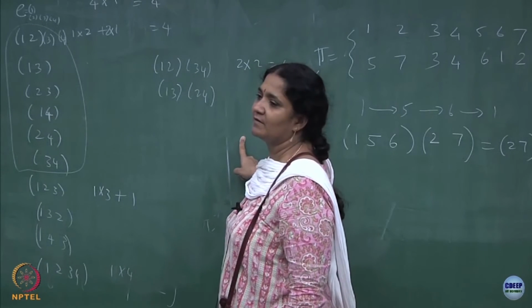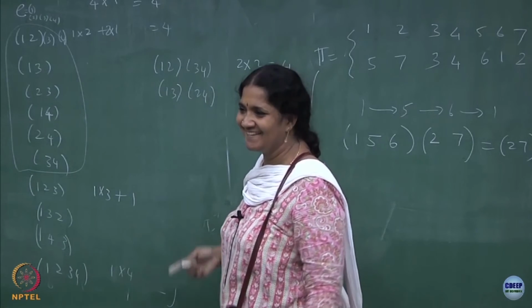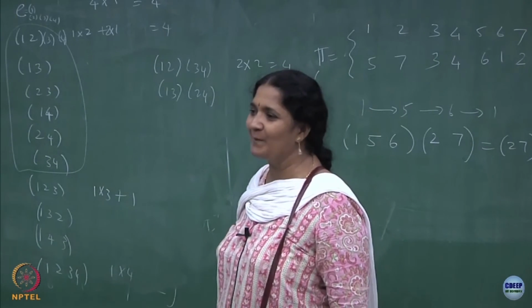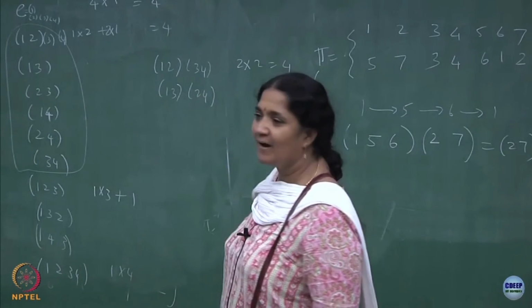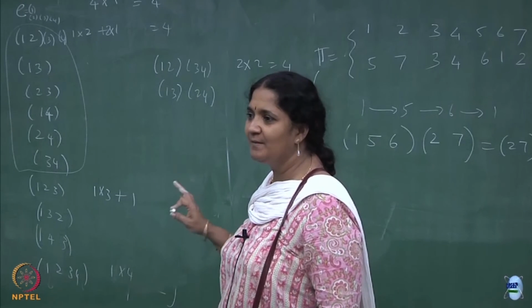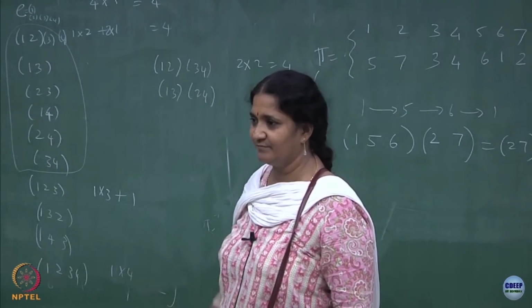It should form another class. So, in fact, you can figure out at least how many classes are there. How many elements in the class, maybe there is a combinatorial formula, but you can figure out how many classes are there. So, this is the breaking of an integer 4 into various partitionings.